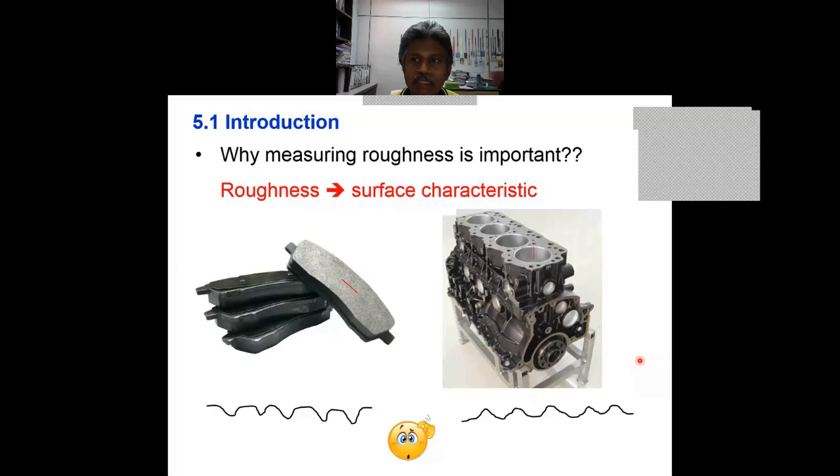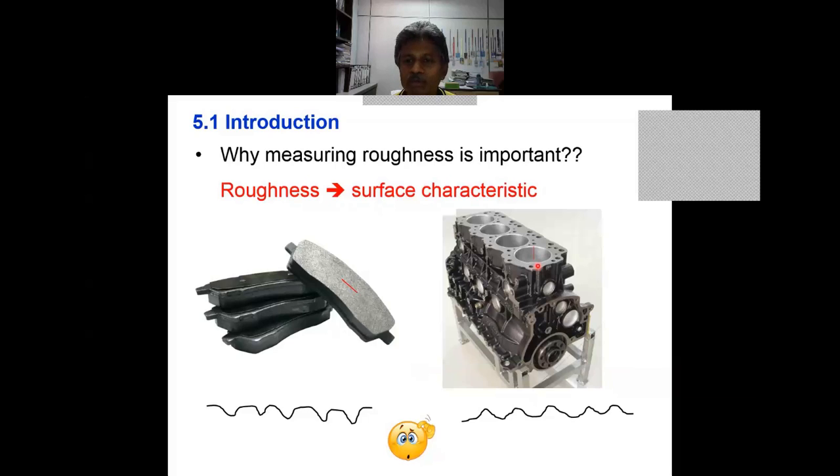Leaking? The brake will skip. Very good. If you design a brake like this, it's very difficult to stop the car because the brake on top here is very smooth. So the brake will skip.